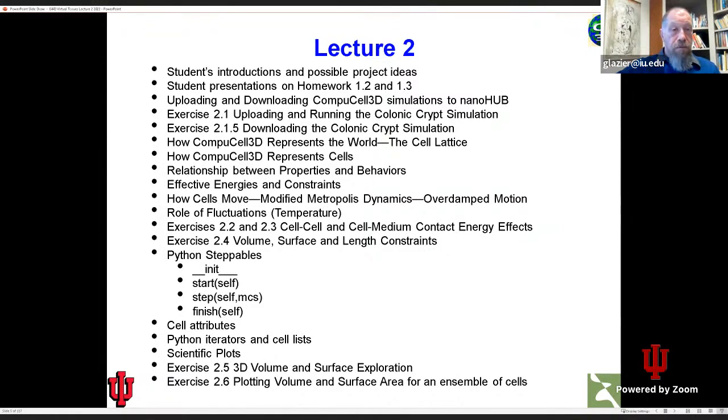I hope by the end of the class we'll also do a little programming in terms of how you put up scientific plots in simulations. One of the things you typically need to do in these simulations is measure something like how big the cells are, or how many cells you have. So I want to go over quickly the three or four lines of code it takes to do those kinds of plots.